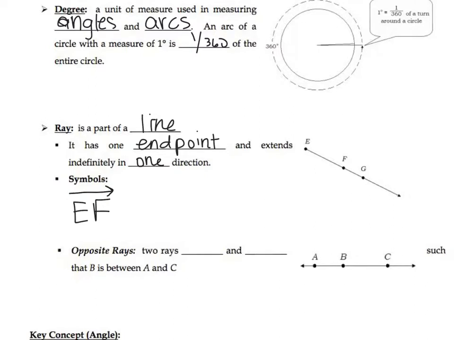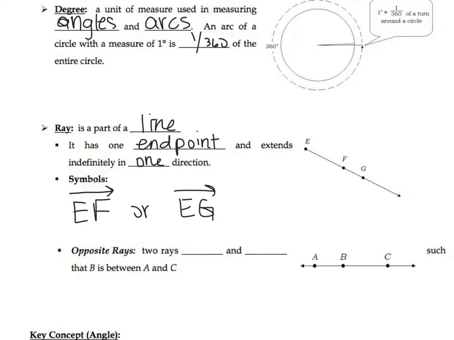It's just a picture of a ray. We've got an endpoint and an arrow going in one direction. Another way I could name this ray is E and then G, since that is another point on the ray. So as long as you start with the endpoint and then pick another point somewhere on that ray, that's how we name it.